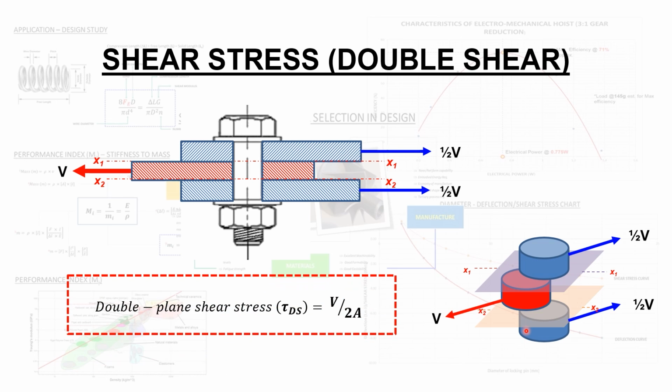It's very important because the load will not be at one single point, unlike the single shear. It will be half that load at each interface of the plane of cut. Okay, so we need to really bear that in mind.